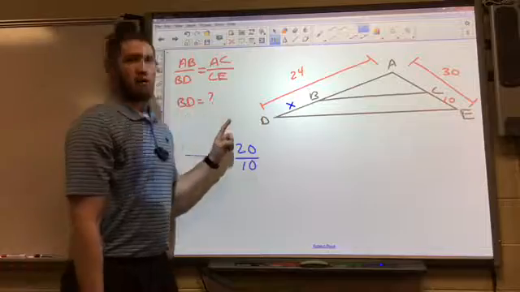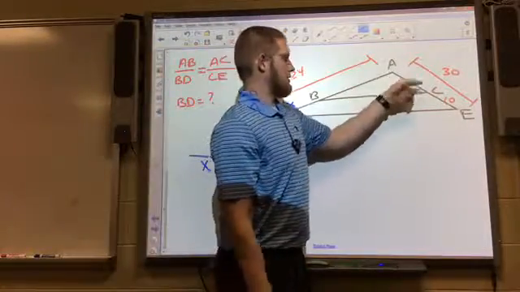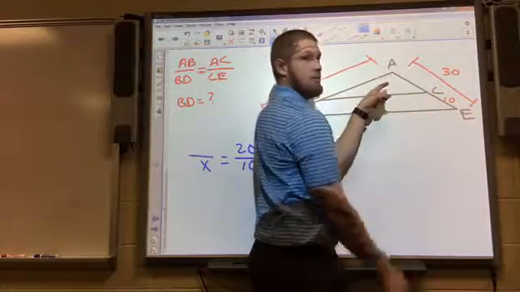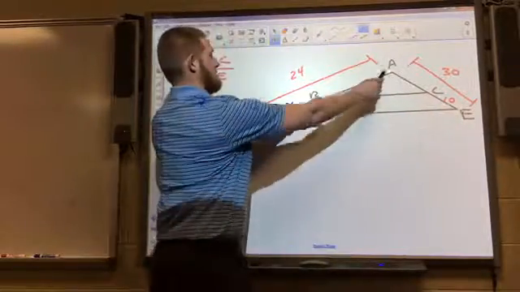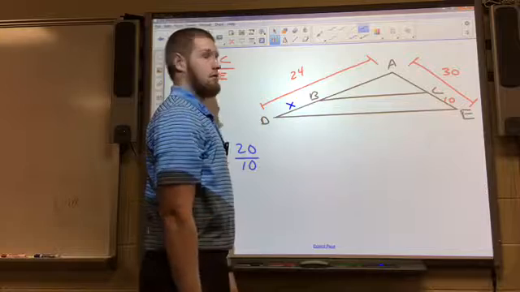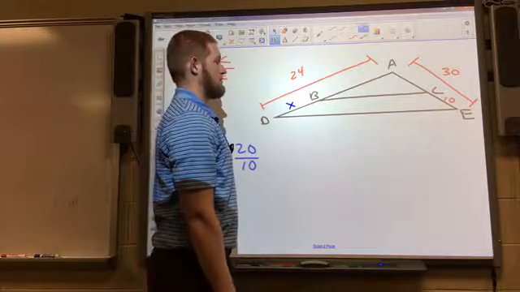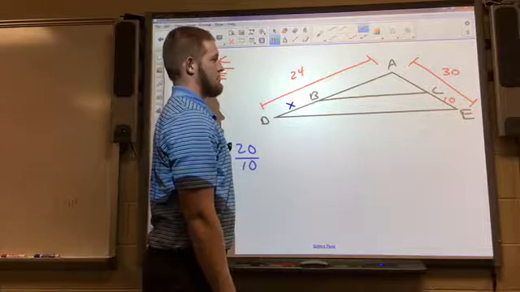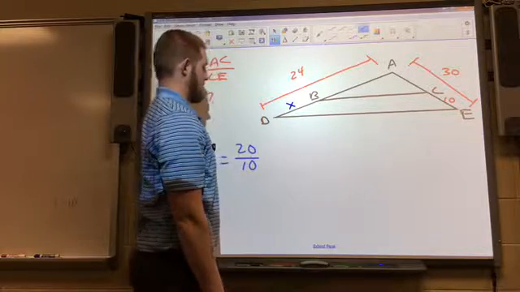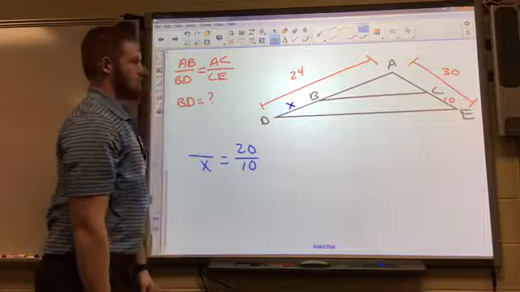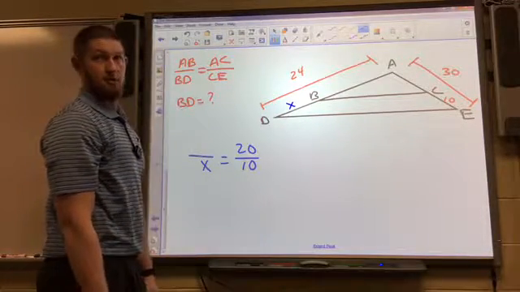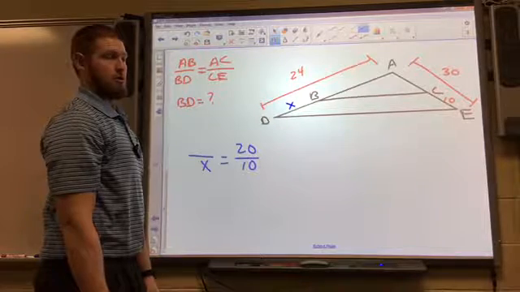Okay, notice over here, you took the whole thing minus this equals that. Travis, you have an idea what AB is going to equal? I see where you're going, but it's not always going to be that easy. I want to make sure I know how to set this up.